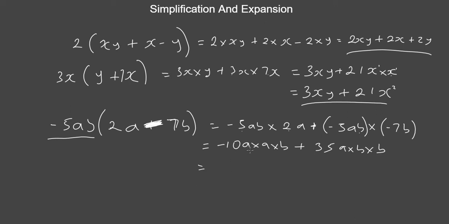Eventually, because you have a and a, you can just take a raised to the power of 2, then you have b, then plus 35a. Then since you have b times b, you just add up their exponents, and that gives you 2. Okay, so that's how you expand an expression like this.